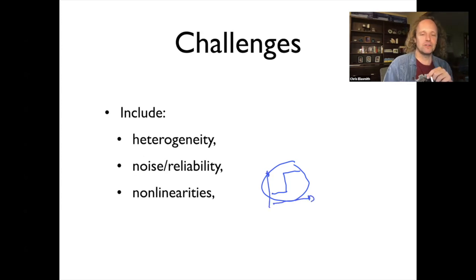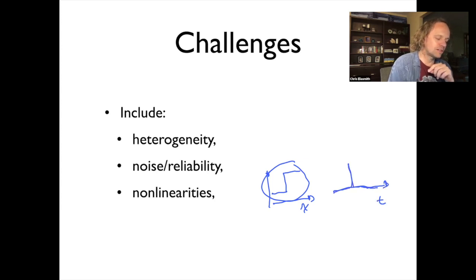But in biological neurons, you also have nonlinearities happening over time, right? So this is X, but you also have T, where you'll have nothing coming out of the neuron, and then you get a spike, and then you have nothing coming out of the neuron. So you have another class of nonlinearity that people haven't thought quite as much about, because, as I mentioned, neural networks don't really model time per se.